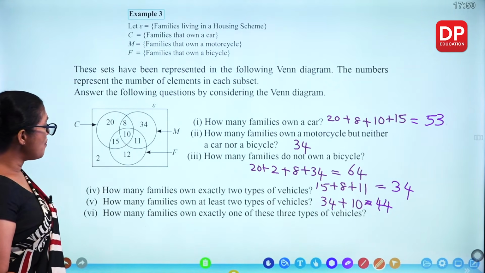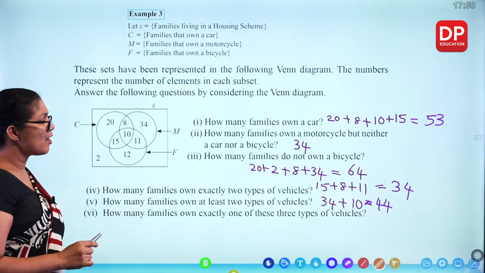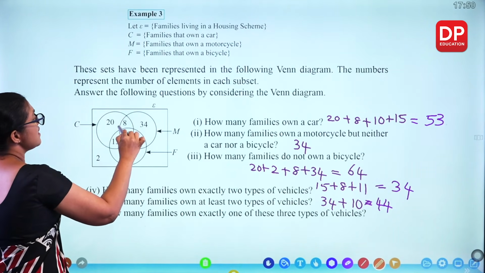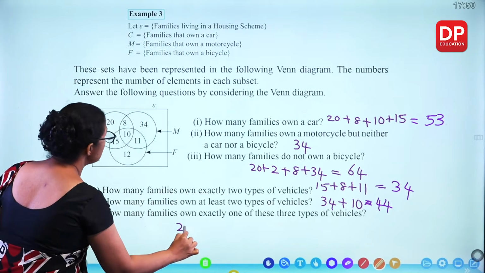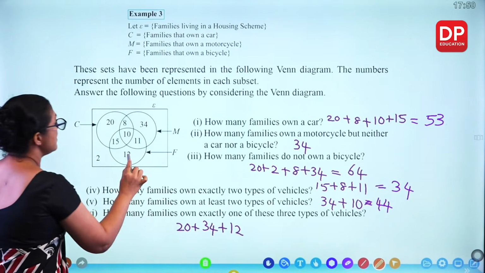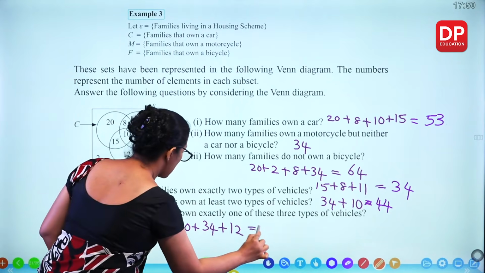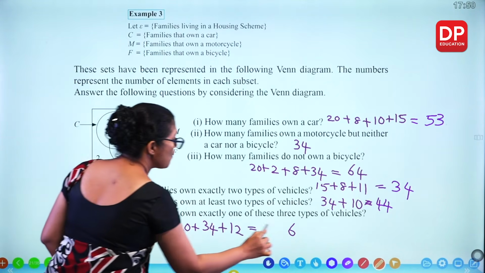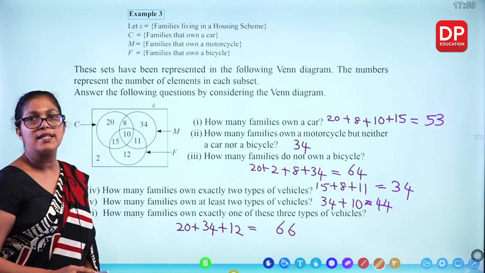Last one, how many families own exactly one of these three types of vehicle? At least one means this region. So you can add 20, 34 and 12. This and this. So what's the answer? You get 6 here. 3 plus 2, 5 plus 1, 6. So you get 66.